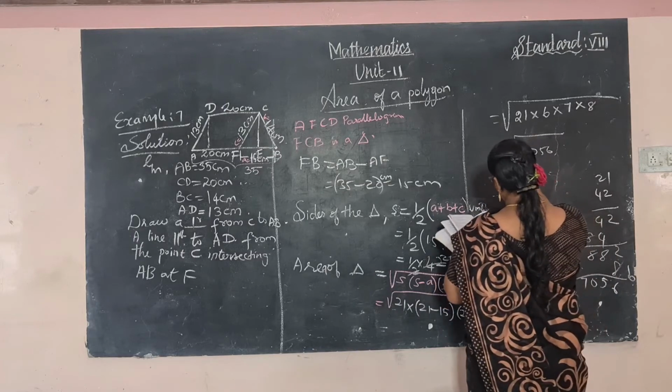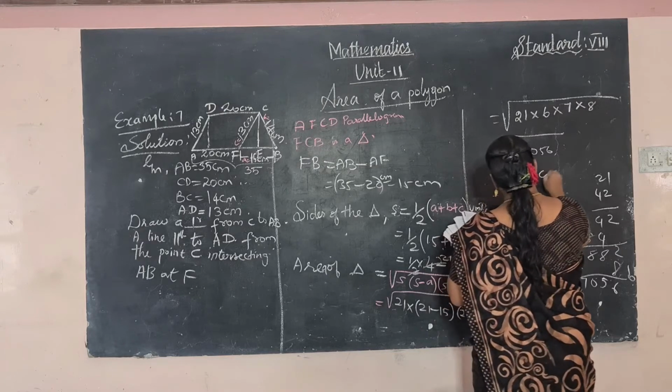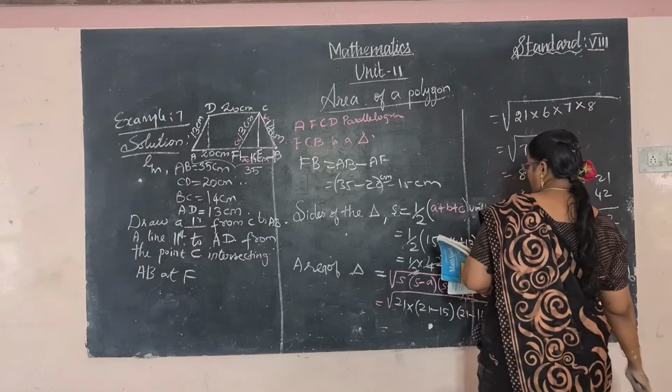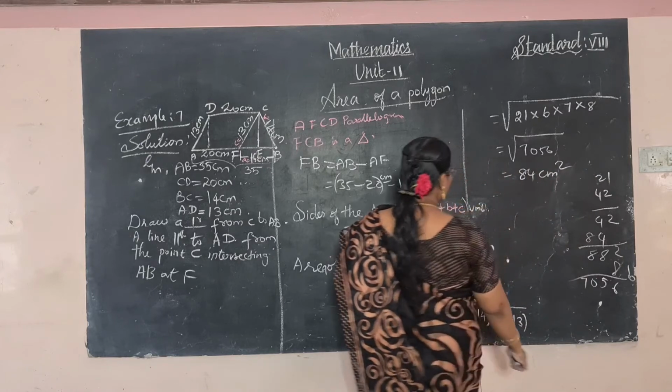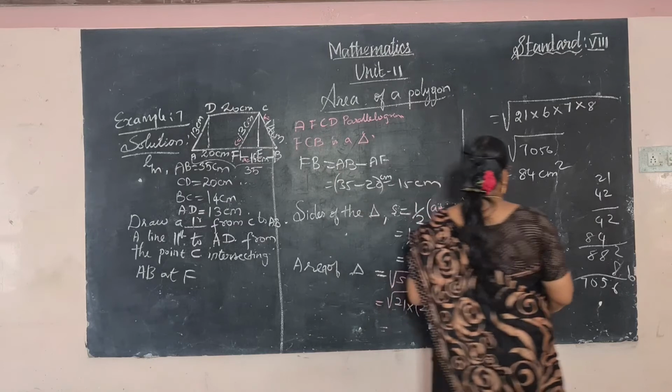Okay, so the square root of this value is 84 centimeter square. So the area of the triangle is 84 centimeter square.